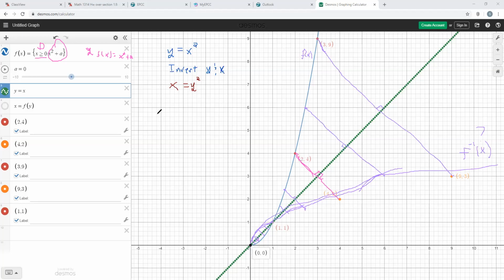Now, if we solve for this new variable y, so that normally you have an equation of y equals, this already is the inverse. I mean, there's a domain issue here, but when we solve for y.